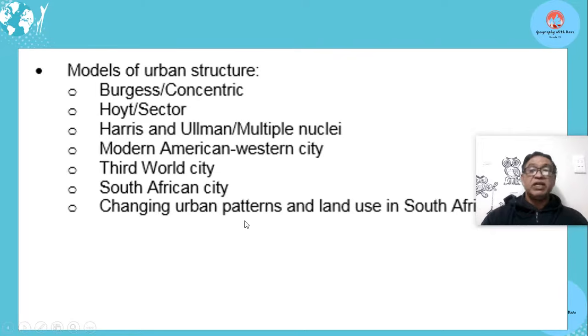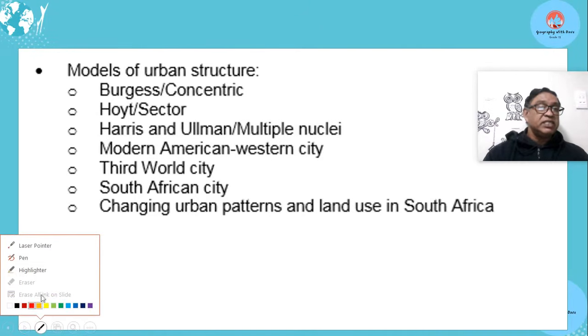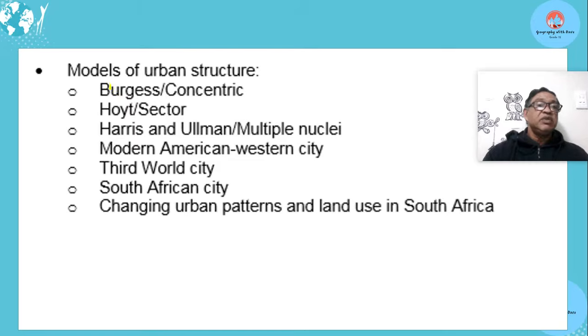So let's get on. When we look at the models itself, we're going to look at the models of urban structure, and our focus is going to be, as the exam guideline indicates, Burgess's concentric model, Hoyt's sector model, Harris and Ullman's multiple nuclei model.